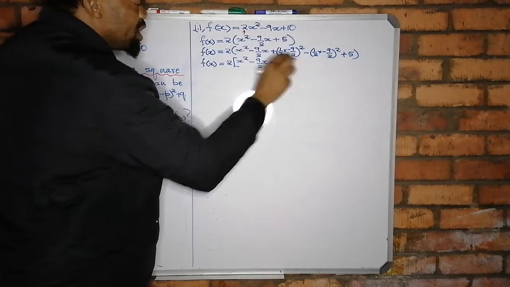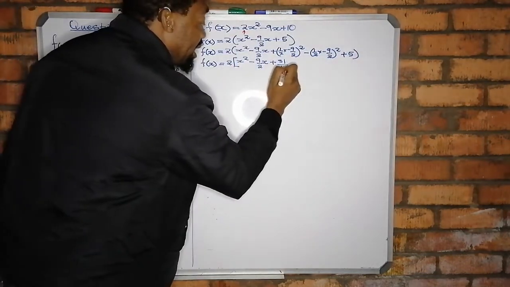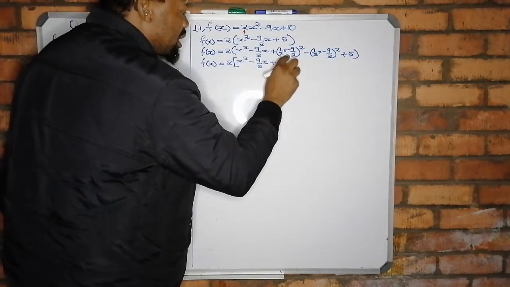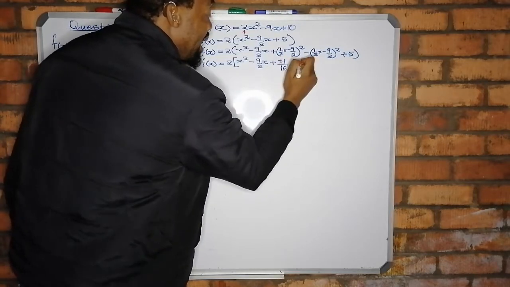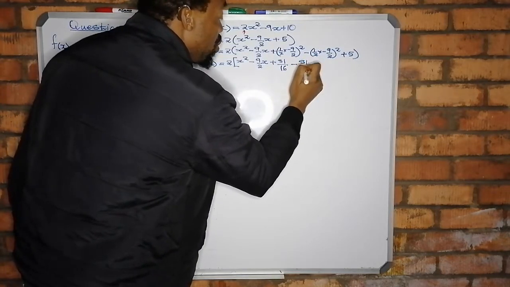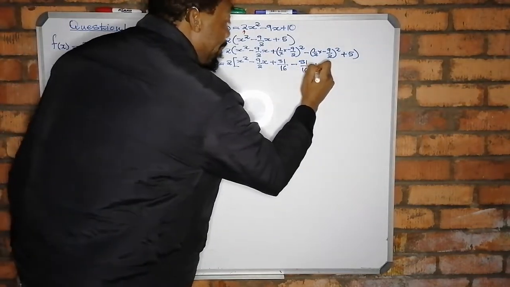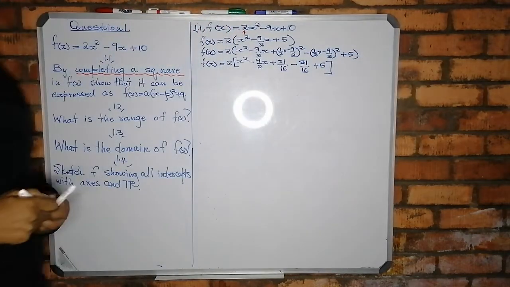I multiply this by that, I get 4. I square it, I get a beautiful 16. That means that this bracket, because it's the same as that, it would give us the same answer, but negative 81 divided by 16 plus a 5. Square bracket there.